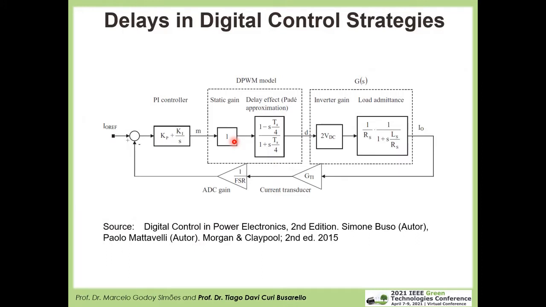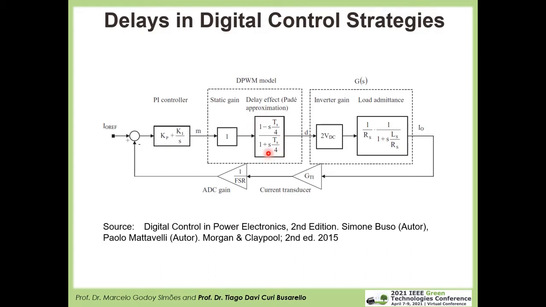This figure shows a simplified block diagram of a digital control strategy where the delay effect of the PWM is being considered. This block diagram is for an output current control. We have the reference, we have the PI controller, and most important, and this is the point that I like to highlight, is the model that is being used to model the PWM delay.